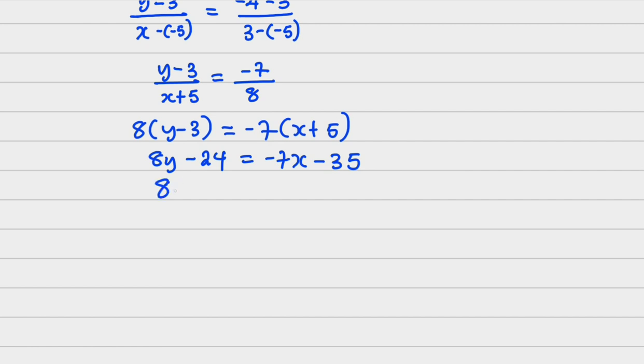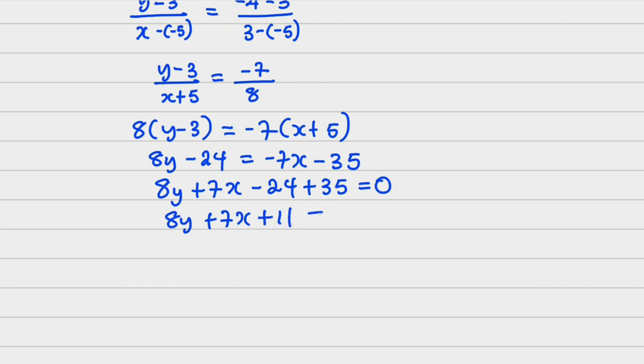Having this, it is going to be 8y + 7x − 24 + 35 = 0. So this is 8y + 7x + 11 = 0. So this is the equation of the diameter.